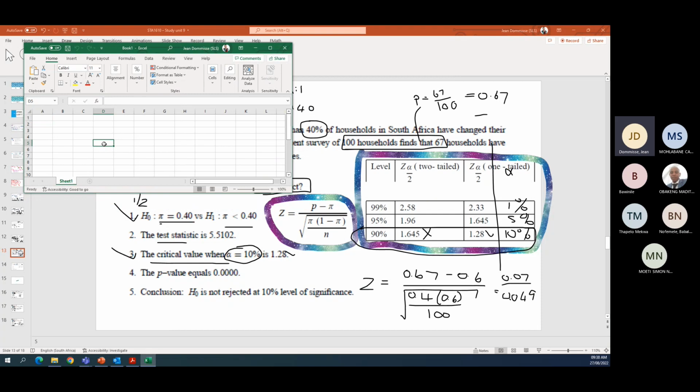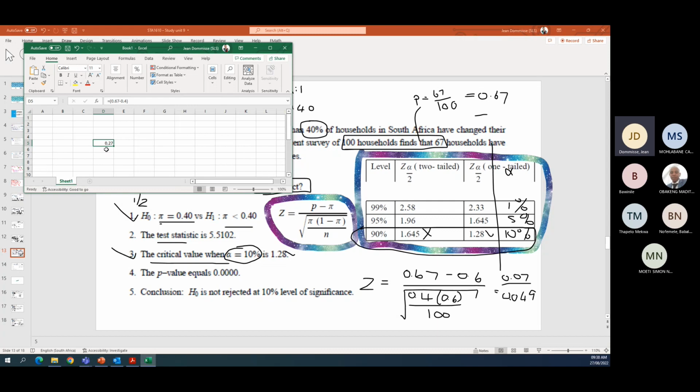And so let's say equal, we know it is 0.67 minus 0. There was my mistake. Should be minus 0.4.